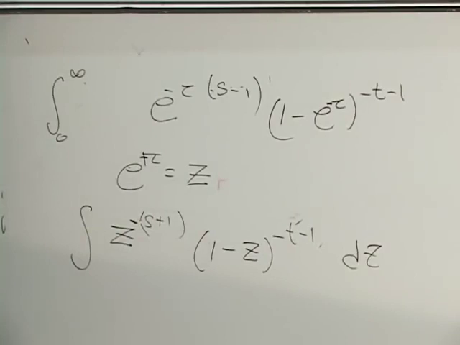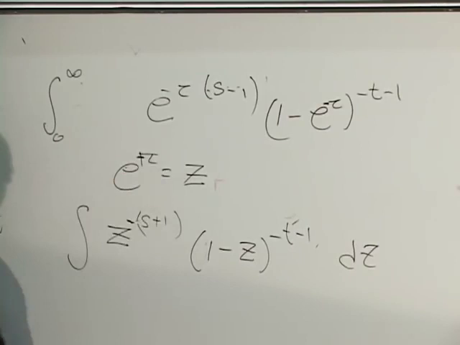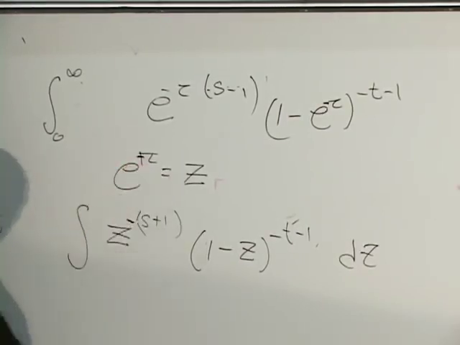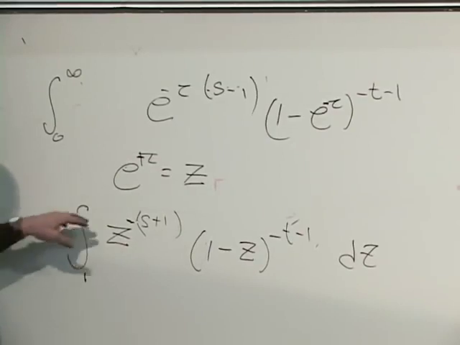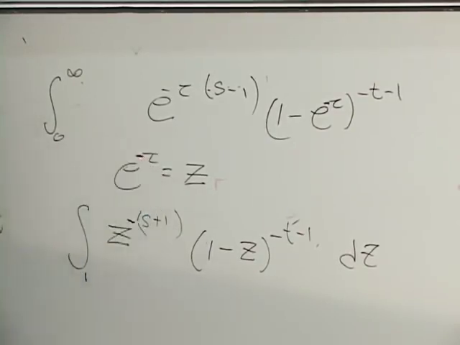This is the formula. And where does the integral go? The integral goes from tau equals 0, where z is equal to 1, to, this is minus, I'm sorry, I'm making a mess out of it. E to the minus tau is equal to z, to tau equals infinity.